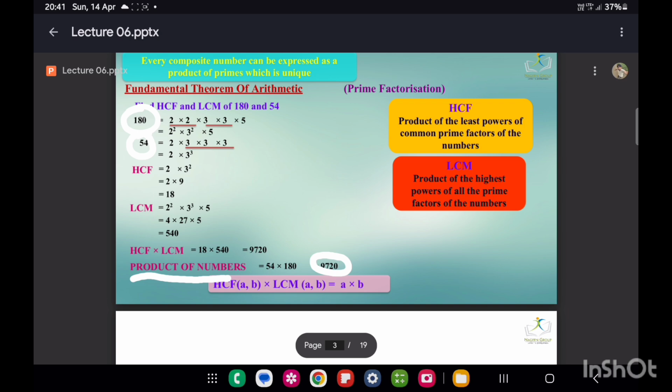So HCF of A, B is 18, into LCM of A, B is 540. So we will get it equal to 180 into 54.